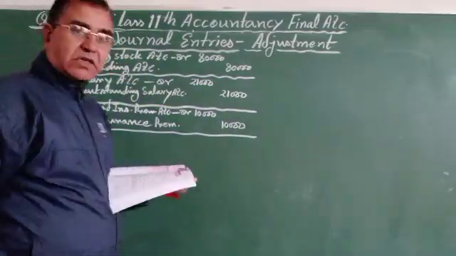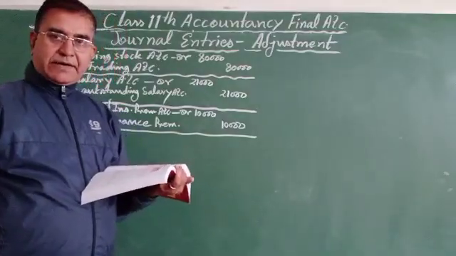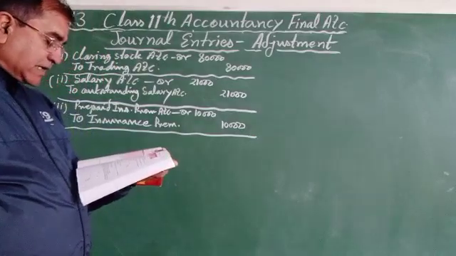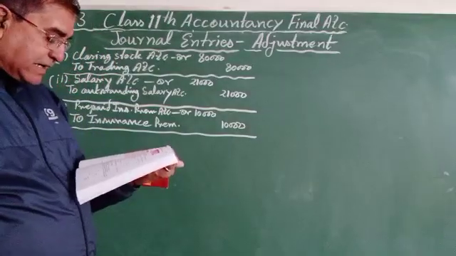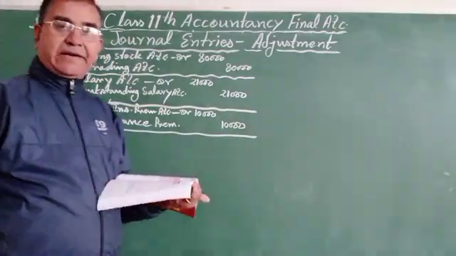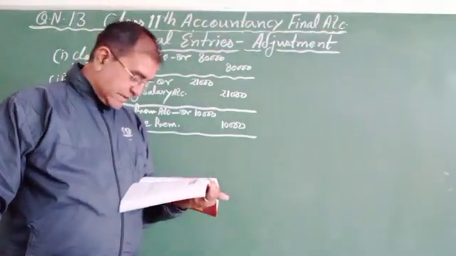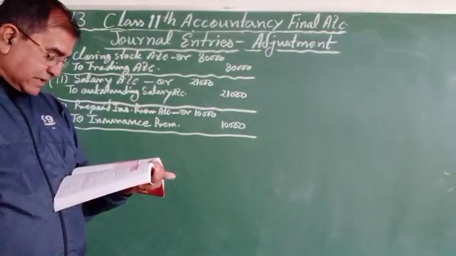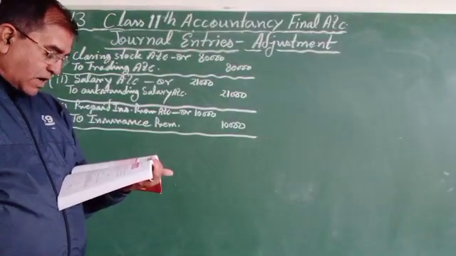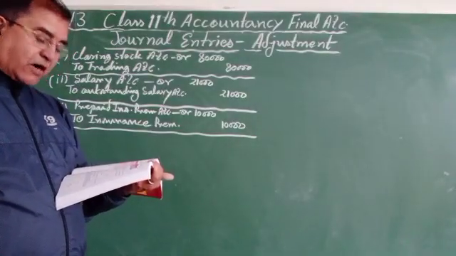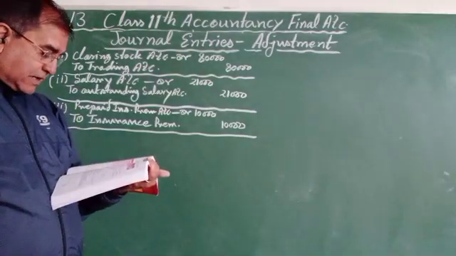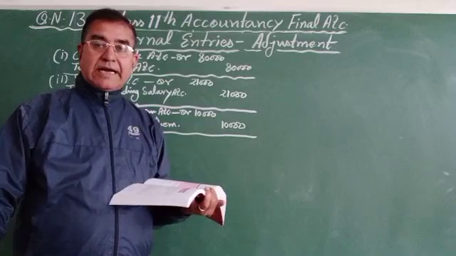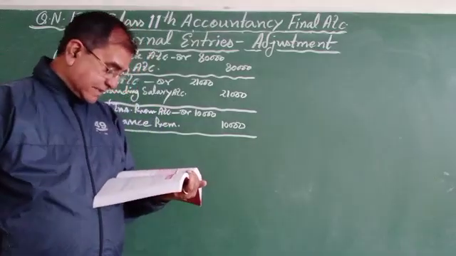Now the fourth information regarding the GST that is given: 6,000 received for rent related to the next accounting period. That is the unaccrued income, not related to the GST.